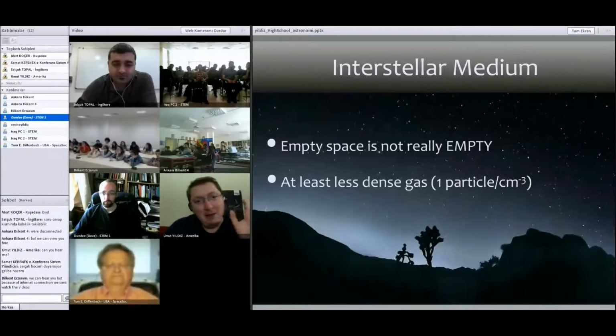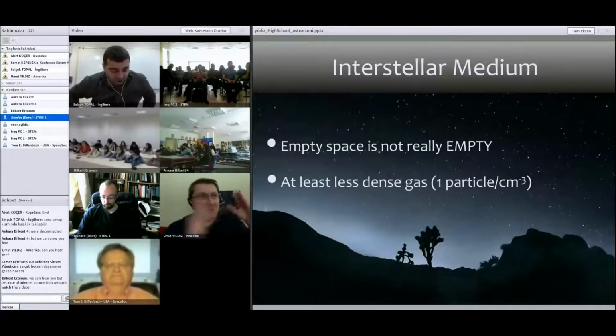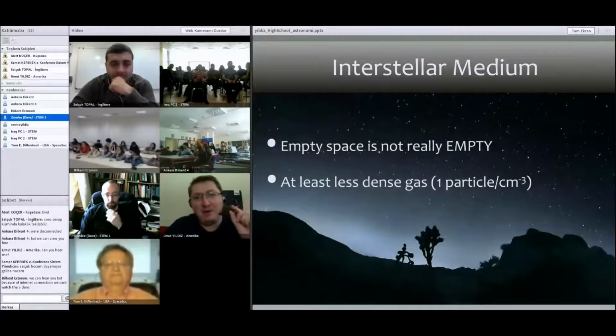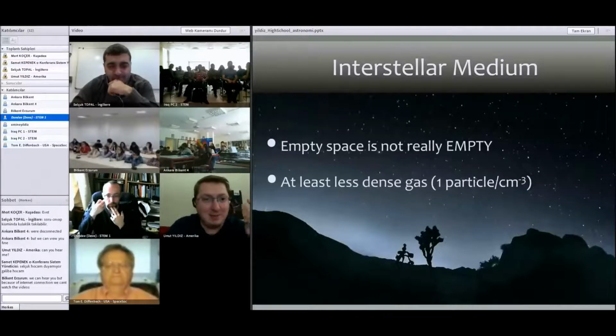It cannot be, because there are at least a few particles per cubic centimeter of gas in there. At least a few molecules or atoms are there. So nothing is actually empty in space or anywhere. I mean, on Earth, 1 cubic centimeter has trillions of particles.